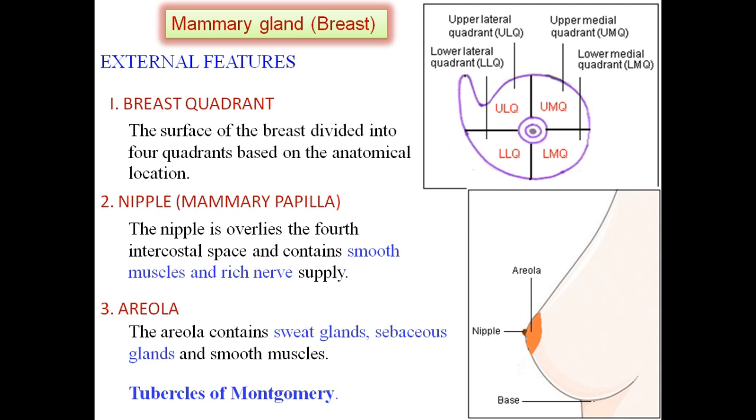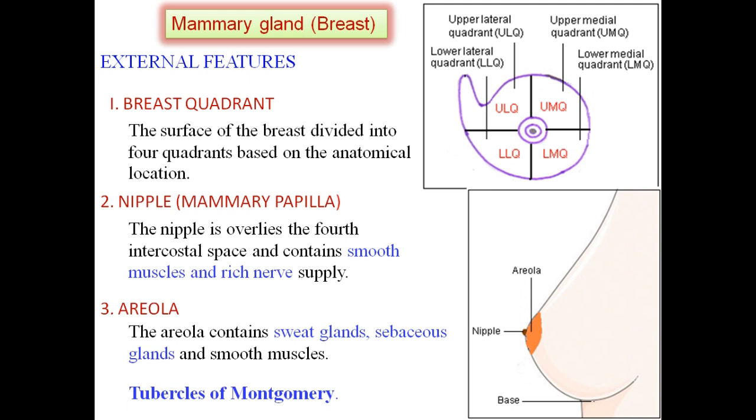Sixty percent of carcinoma of the breast is commonly seen in the upper lateral quadrant. These quadrants are used for description by surgeons or physicians to detect tumors, cysts, and lumps.